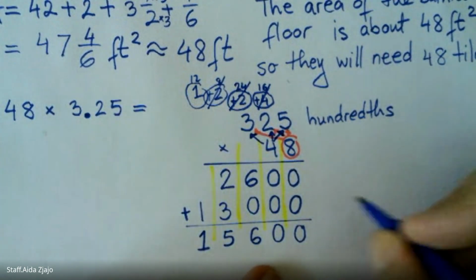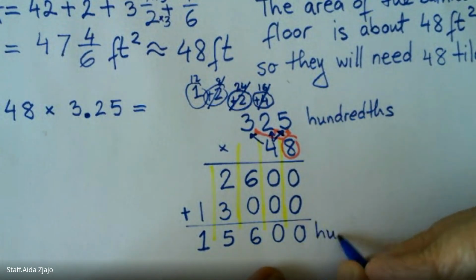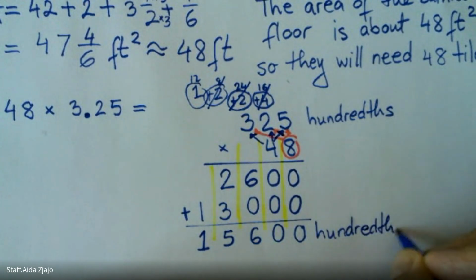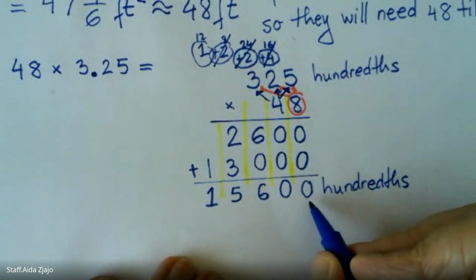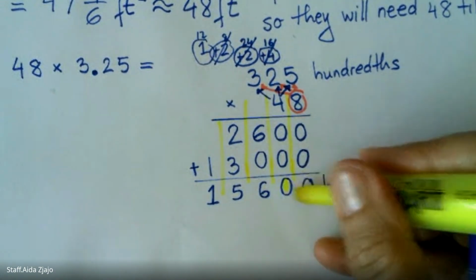When I change these hundredths into the whole number, I need to show hundredths, and hundredths are 2 places.